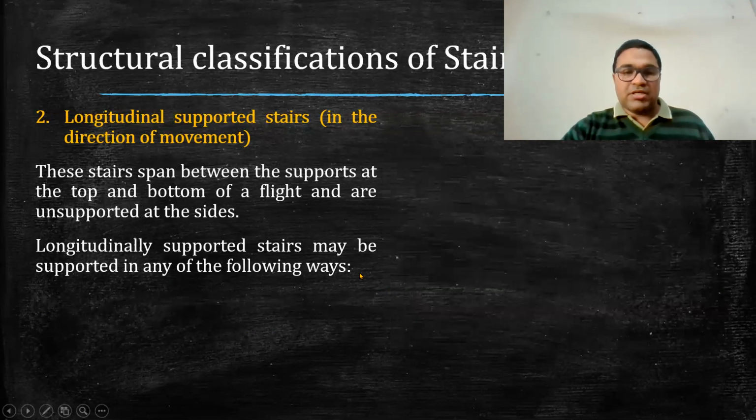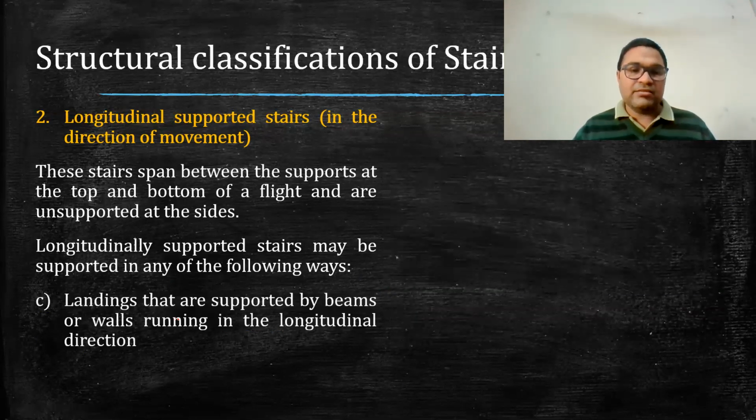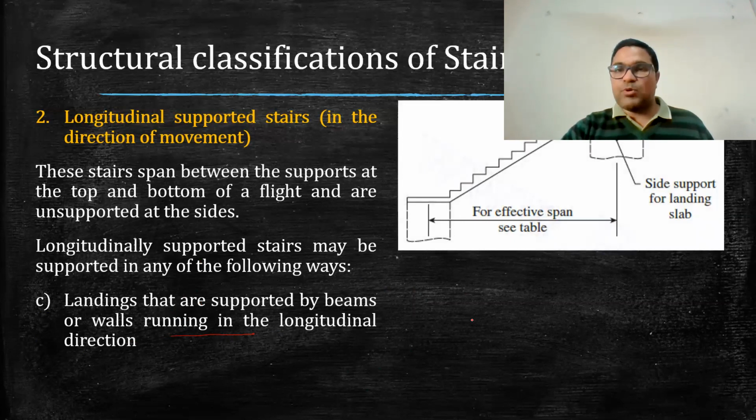Similarly, the third case can be landings that are supported by beams or walls running in the longitudinal direction. It means the support is provided parallel to the shorter span of the landing. First, you will see in the diagram.